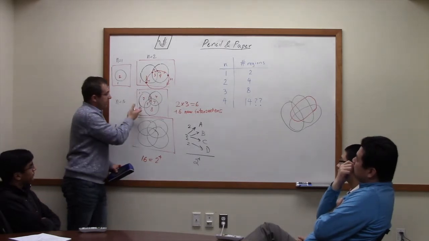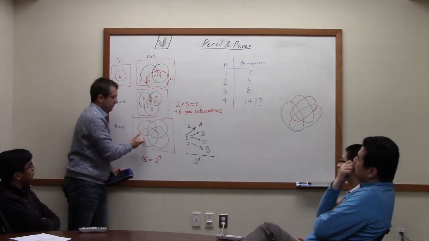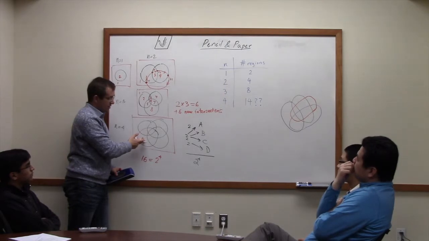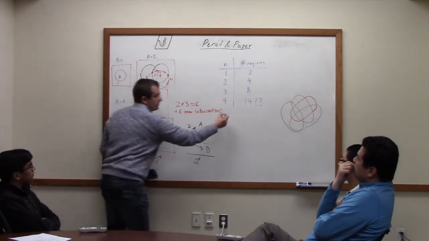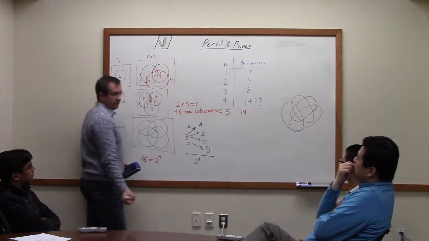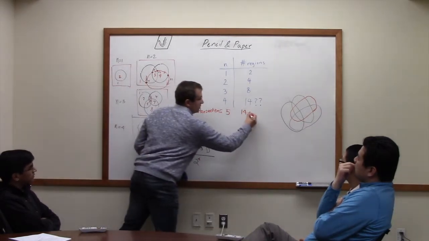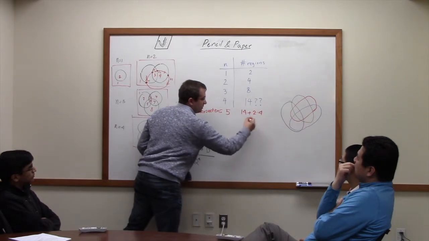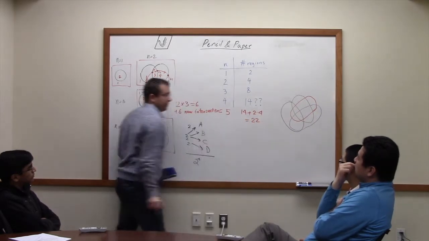That's why from 8 I can go up to 14 at most. And you can guess what the next will be. If it's 5 circles, what will be 14 plus 8, 2 times 4 previous circles, which is 22.